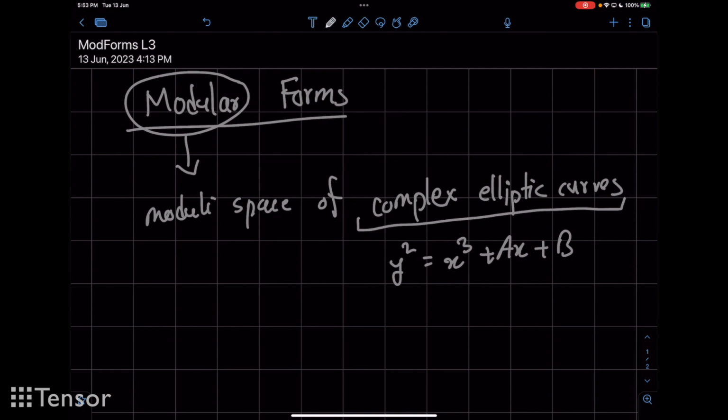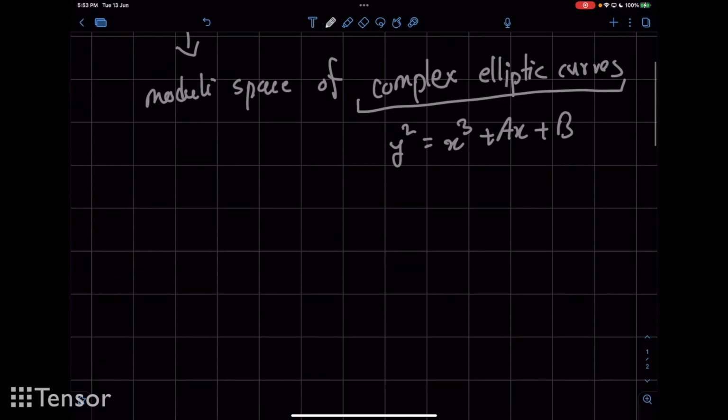So now, what is a moduli space of complex elliptic curves? Before that, we need to define something. I think I defined what a lattice is, right? Nevertheless, I'm going to define it again. Definition of a lattice: a lattice is basically a discrete subgroup of the complex plane.